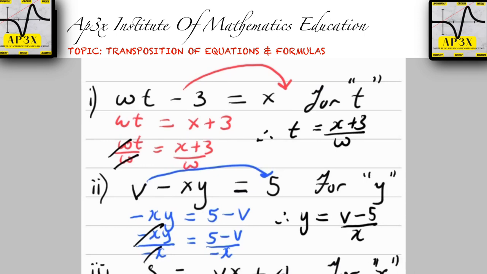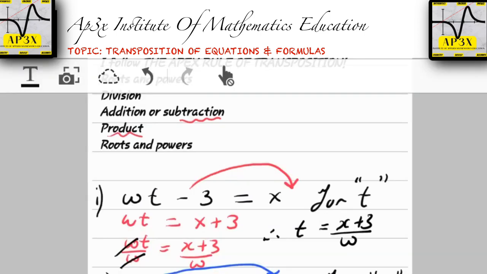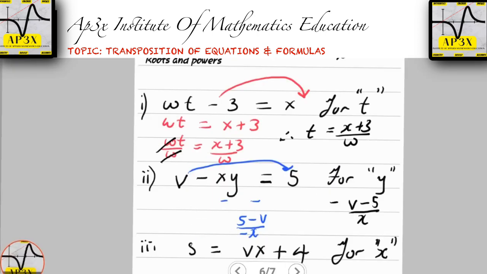Now, let's make a note of this answer that we got here. And look how hard we had to work to get that answer. It is V take away 5 divided by X, and that's equal to Y. For me personally, I'm going to immediately recognize that my subject here is negative.